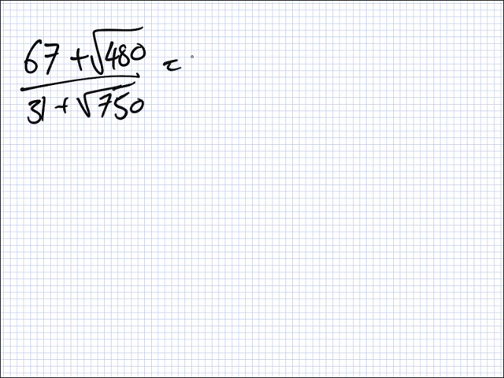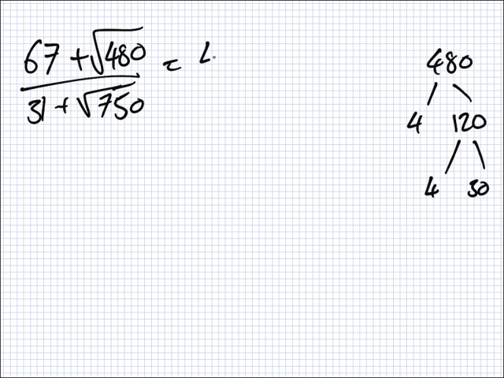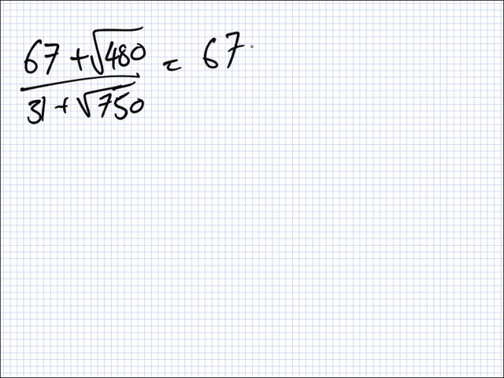So root 480, let's simplify that. 480 is going to be 4 times 120. 120 is 4 times 30. So will this be 4 root 30? Yeah. 67 plus 4 root 30.